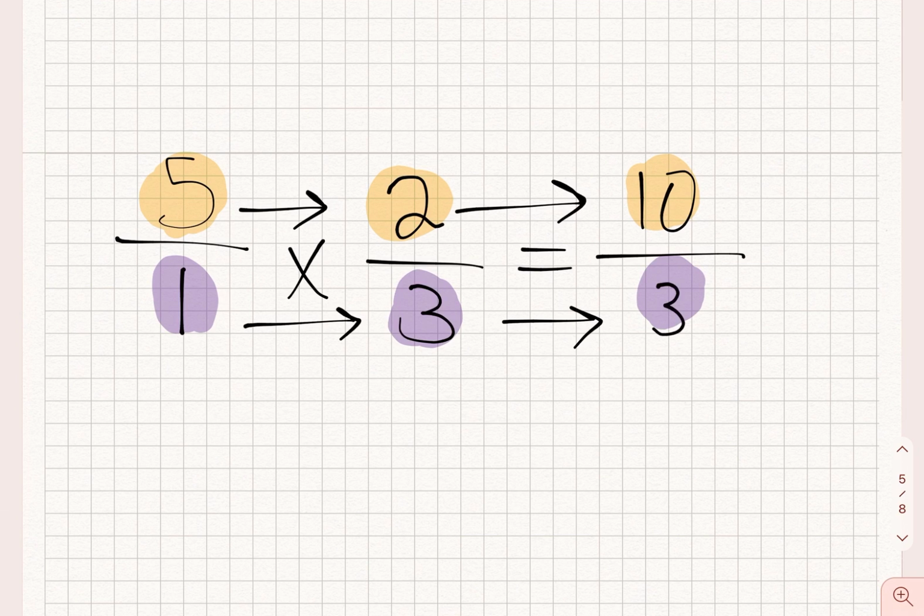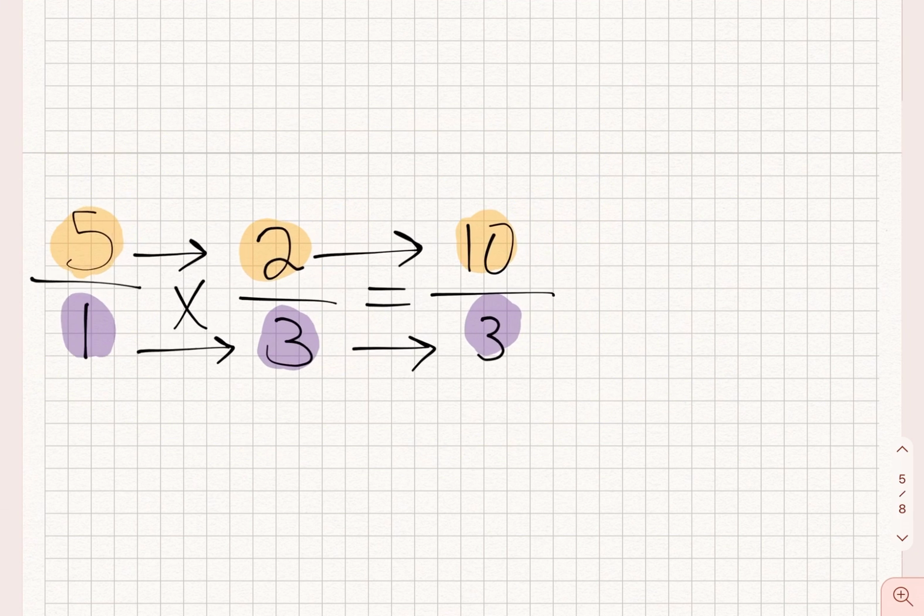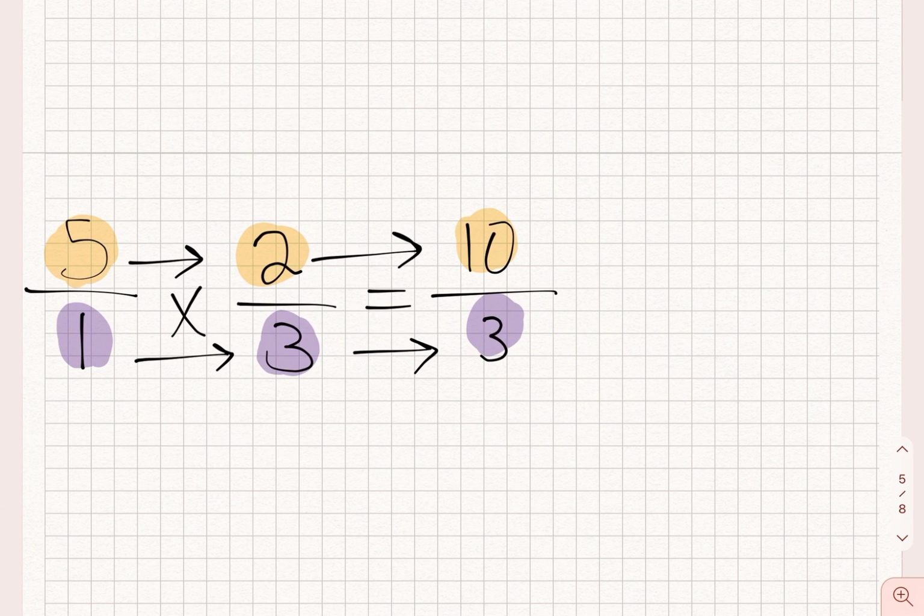So my answer here is 10/3. Now that's an improper fraction, so I'd have to turn that into a proper fraction. And to do that, we divide 10 divided by 3, which is 3 wholes. And how many are left over? There's 1 left over. 3 1/3 is my answer.